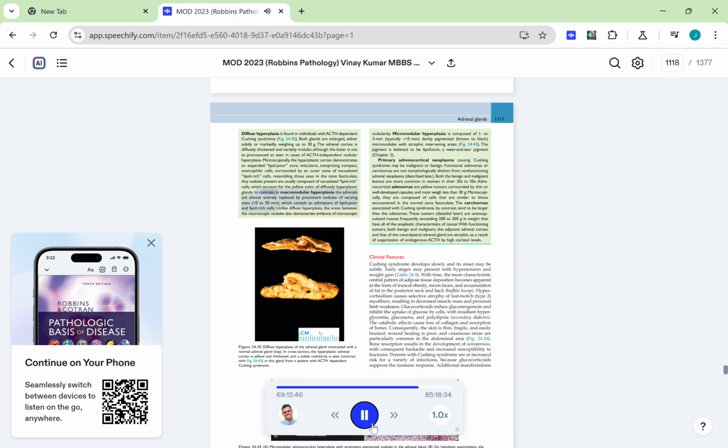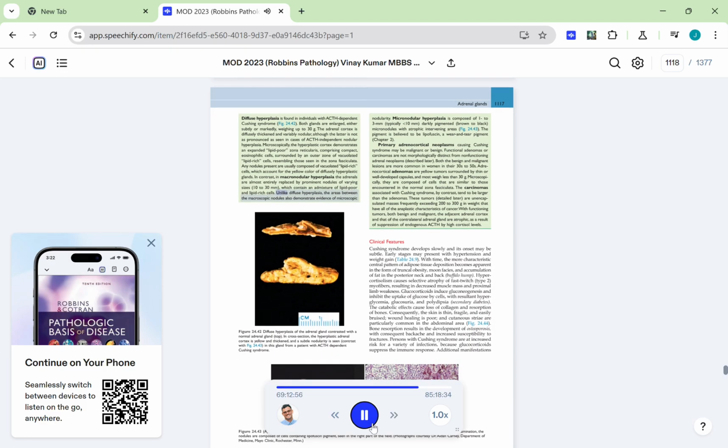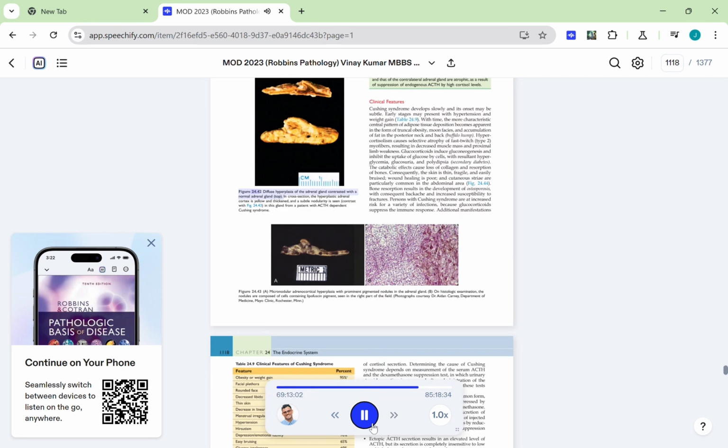In contrast, in macronodular hyperplasia, the adrenals are almost entirely replaced by prominent nodules of varying sizes, which contain an admixture of lipid-poor and lipid-rich cells. Unlike diffuse hyperplasia, the areas between the macroscopic nodules also demonstrate evidence of microscopic nodularity. Figure 24.42. Diffuse hyperplasia of the adrenal gland contrasted with a normal adrenal gland.